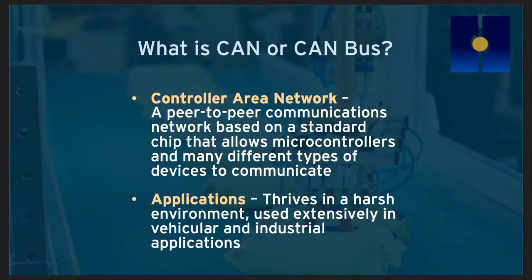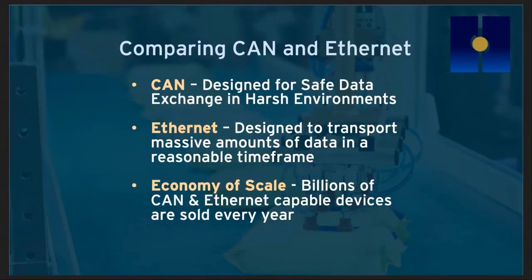It allows a variety of different devices to communicate with each other, whether it's in a factory or otherwise. From an application standpoint, it really thrives in harsh environments. When we say harsh, we're talking about noisy environments electrically, and tough environments environmentally, and therefore it's used extensively in vehicle applications as well as industrial applications.